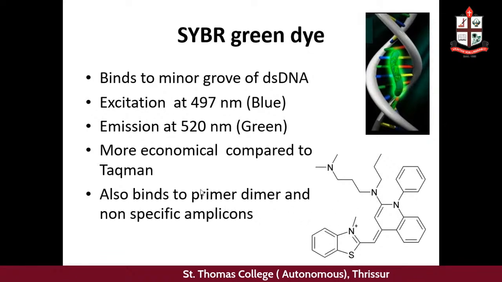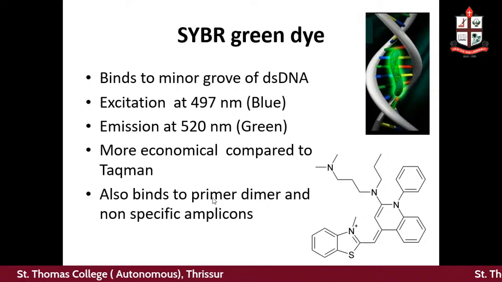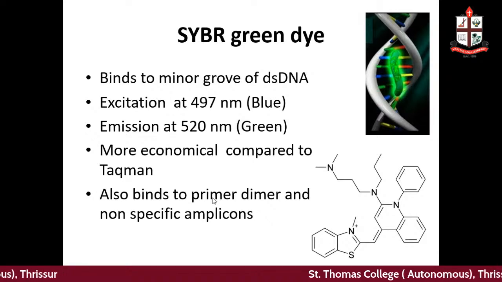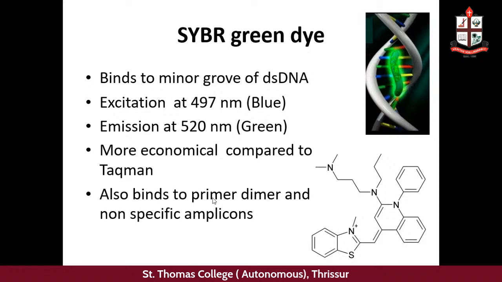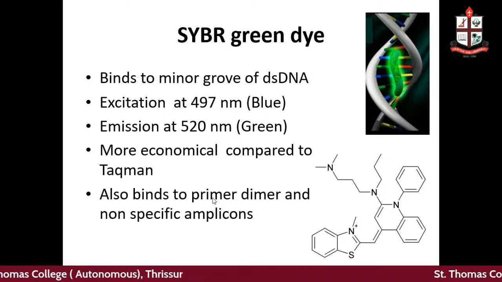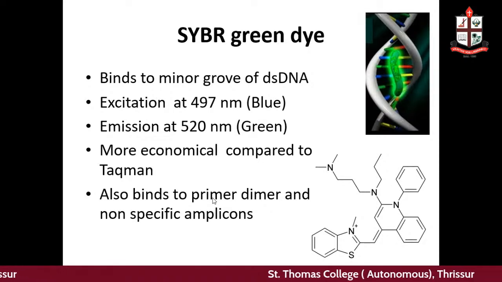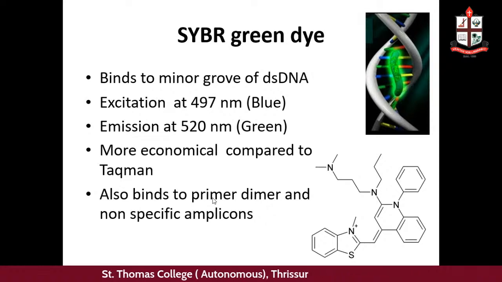The problem with SYBR Green is that it binds to any double-stranded DNA. During PCR, we know the primers can anneal and form primer dimer. If the primers have complementarity at the 3' end, they can anneal, and then they can be extended by DNA polymerase, forming the primer dimer.